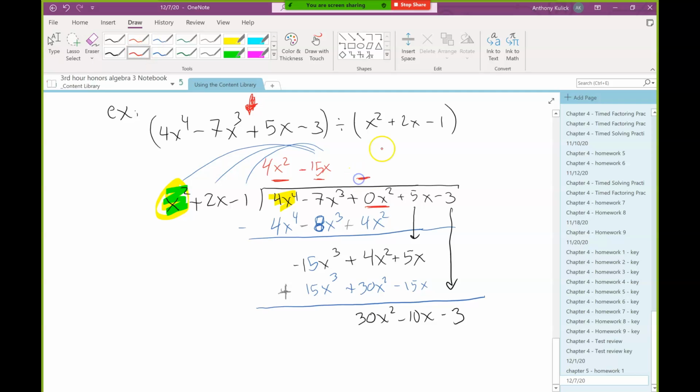And we'll ask ourselves, okay, how many times does x squared go into 30x squared? And the answer there would be 30, right? Because 30 times x squared is 30x squared. Multiply that.